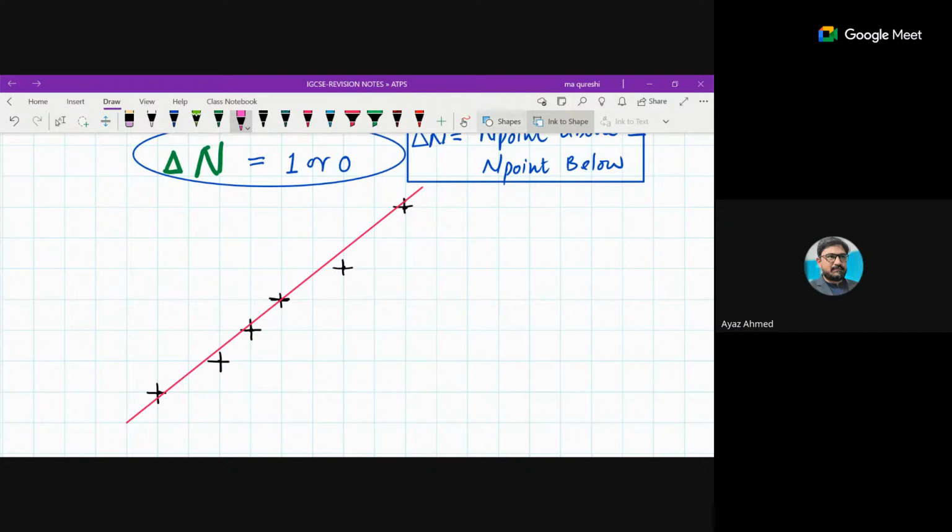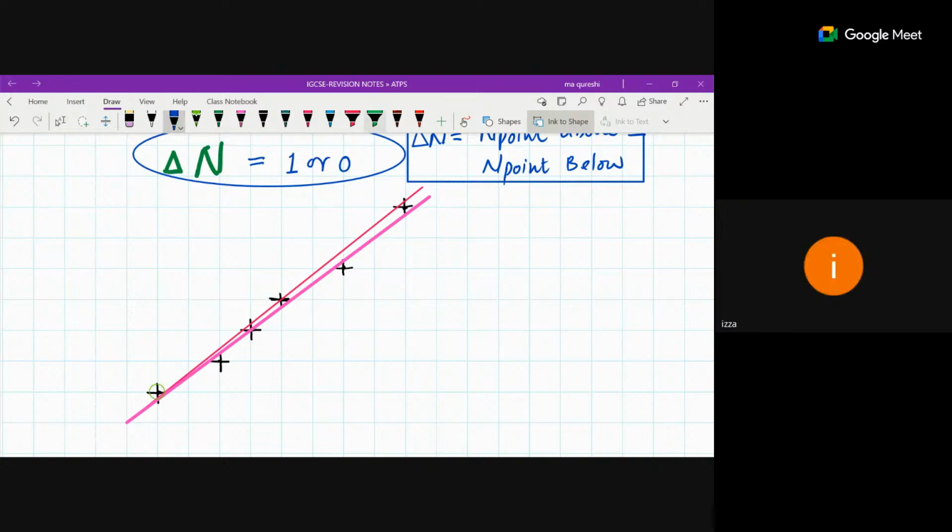I mean, I will try another one. Sharp pen line. Oh, it is a bit thick one. Okay. What do you think about this? 1 point above.